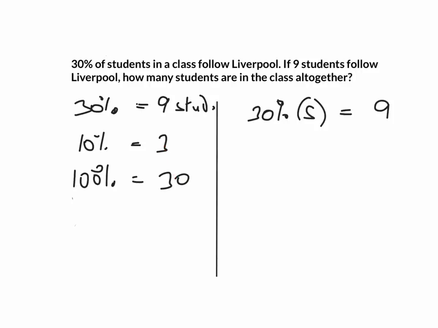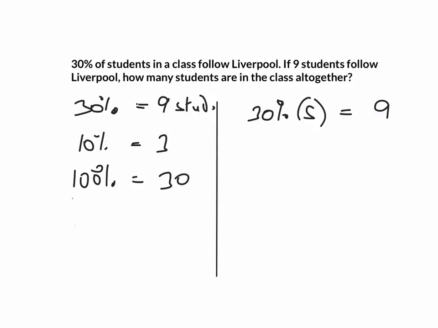Now, another way of approaching this problem is if we let the total number of students equal a variable s. So we know that 30% of students, in other words 30% multiplied by s, has to give you 9 students. So 30% of the total number of students gives you 9 students.